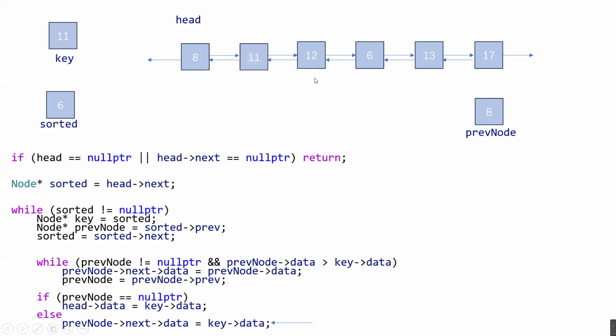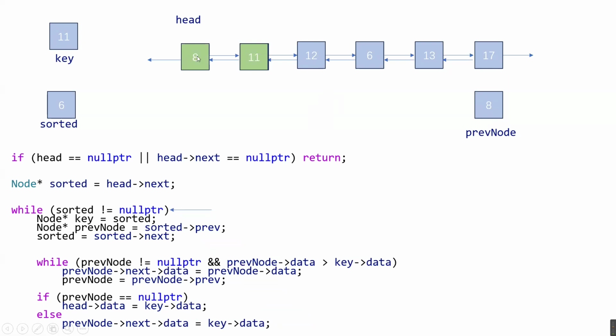So in this process, we compare the key, the current element, from the tail of the sorted sequence, from the 12 toward the head, one by one. And we find the 11 is greater than the 8, so it should be inserted next to the 8, right?